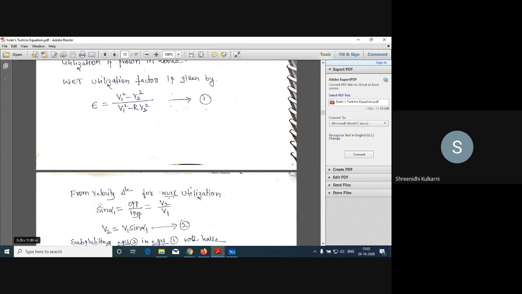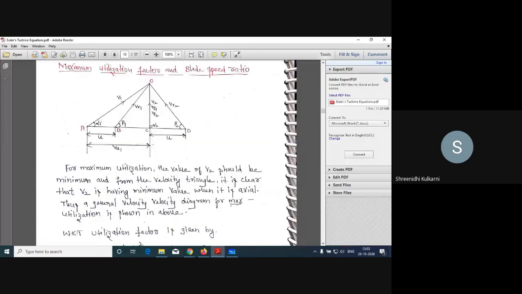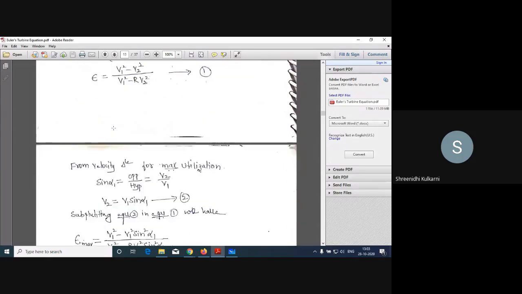Here, first we have to consider the velocity triangle for the maximum utilization. From the inlet velocity triangle, we want to know sine alpha 1 and beta 1. Sine alpha is opposite by adjacent.